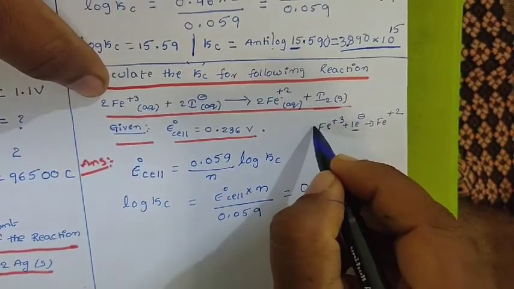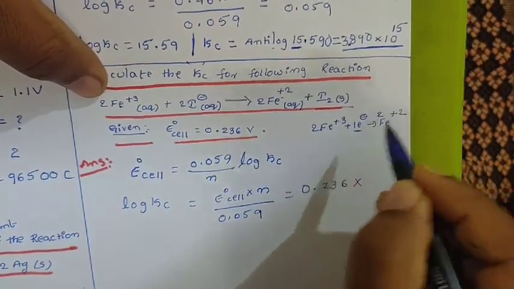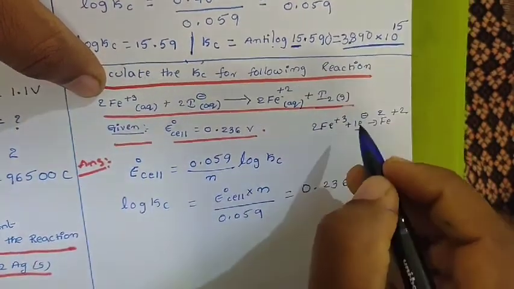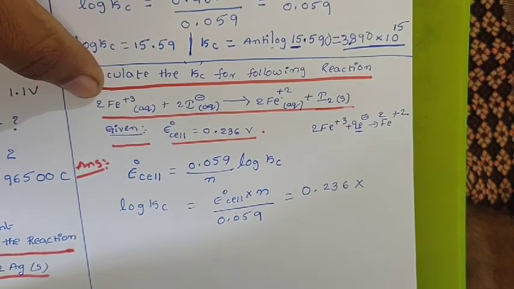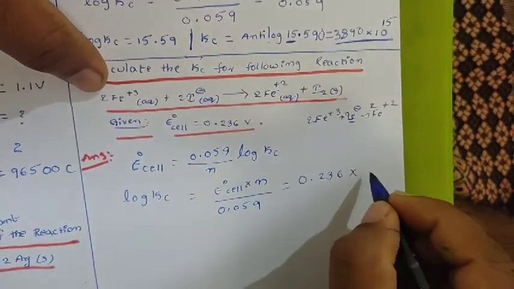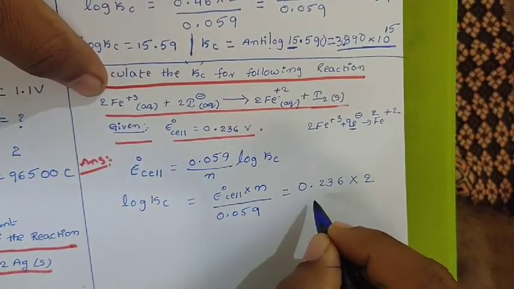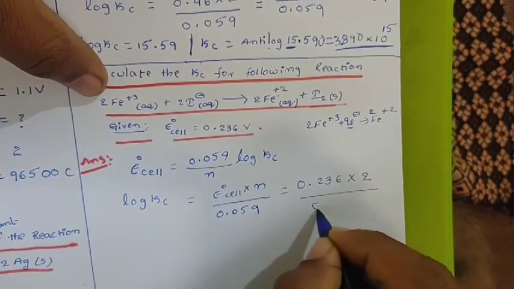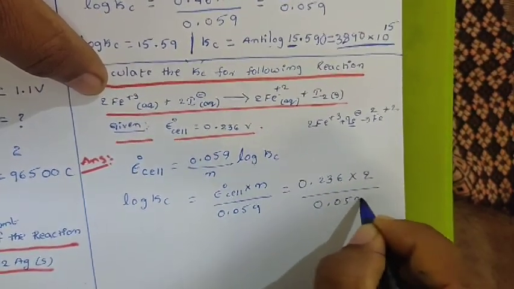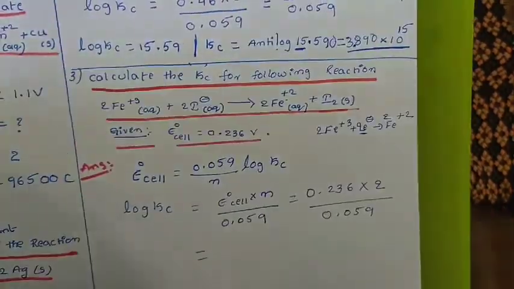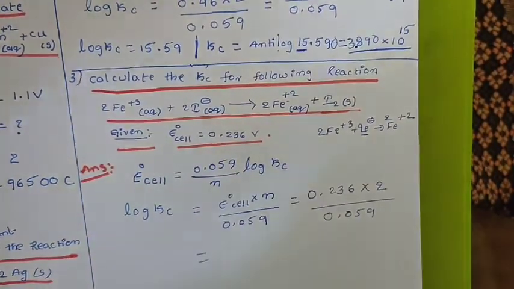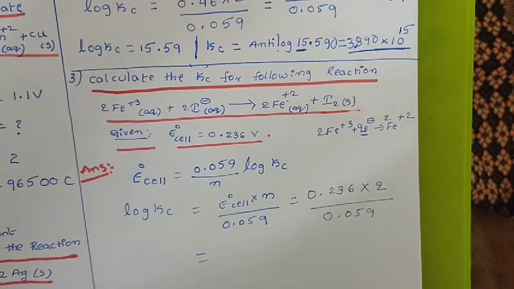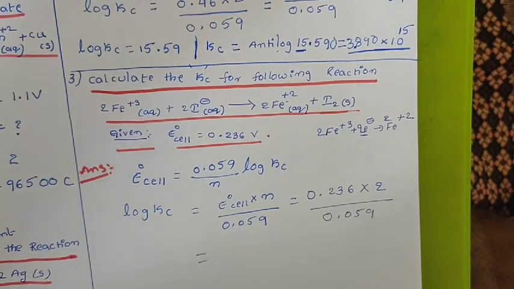But here 2 Fe plus 3, if you want to convert it into 2 Fe plus 2, then we have to take 2 electrons. Then the number of electrons is 2, divided by 0.059.